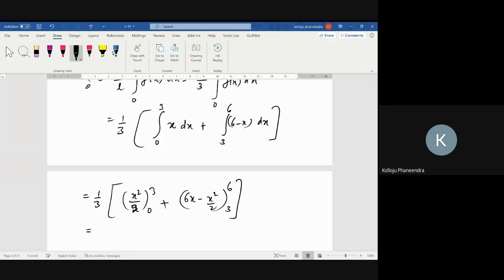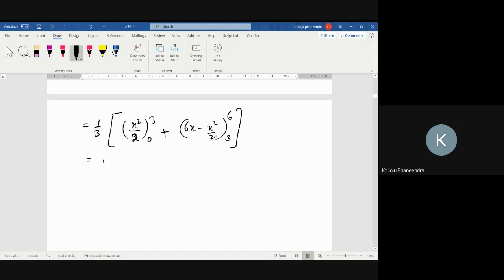That is equal to 1 by 3. First, lower limit 0, upper limit 9 by 2. Plus coming to here, the upper limit 36 minus 36 by 2, 18. Upper limit minus lower limit: 18 minus 9 by 2.